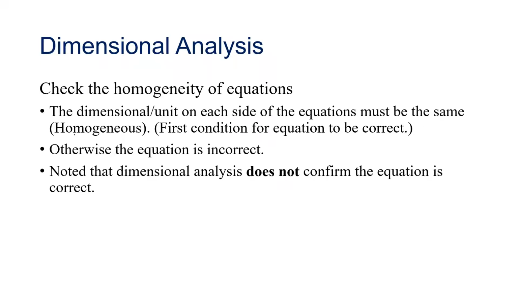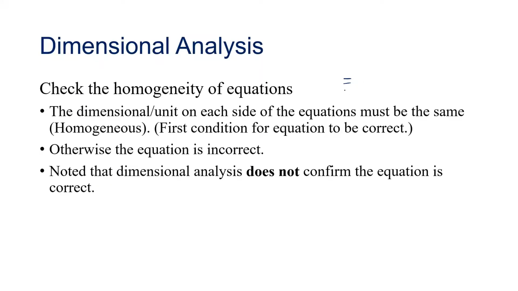Although homogeneous is a fancy word, it just means that we need to have both sides of the dimension be the same. So this is also what I would call the first condition for the equation to be correct. If you want to use this equal sign, that means you must satisfy this equation in terms of physics. This is the first condition for this to be correct.